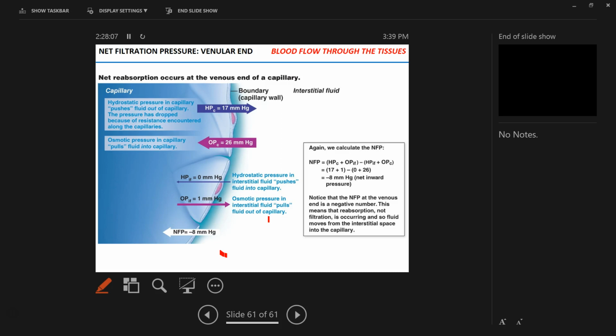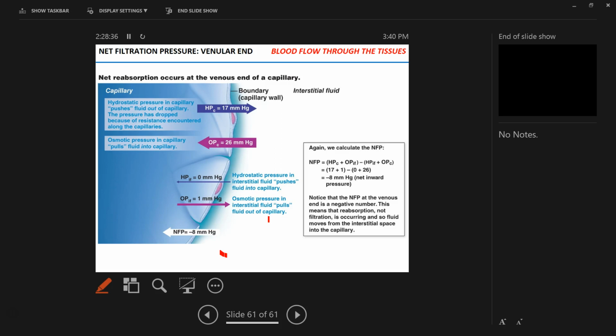Yeah, but in relation to pressures, which pressure is going to be different? Yes, hydrostatic pressure on the arterial end is going to be higher than hydrostatic pressure on the venular end. Does that make sense? Because you have a gradient of pressures.